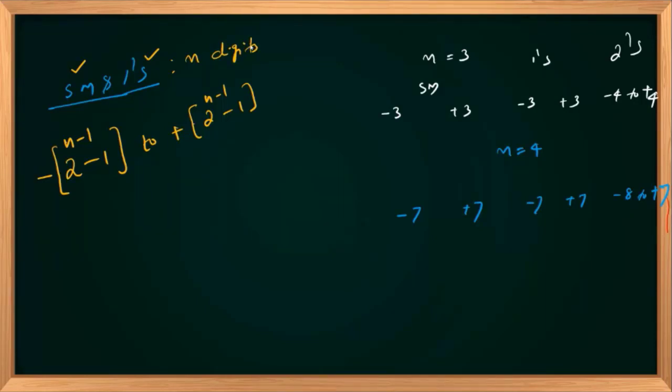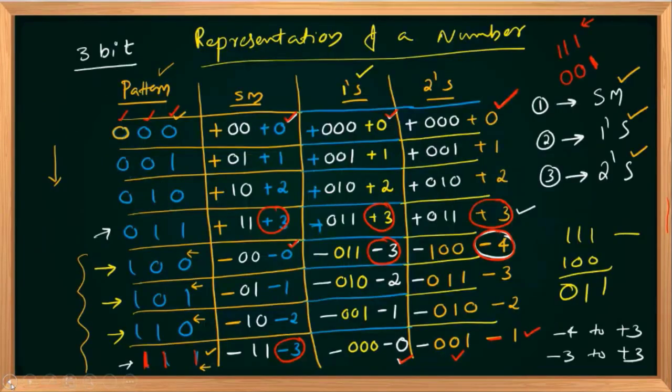Right? Aravind is asking a query. For 1's and 2's complement representation, the largest negative magnitude comes to the first number when MSB is 1. So let me check. I'm not able to follow your query. The largest negative magnitude comes to the first number when MSB is equal to 1. So I couldn't identify your question.